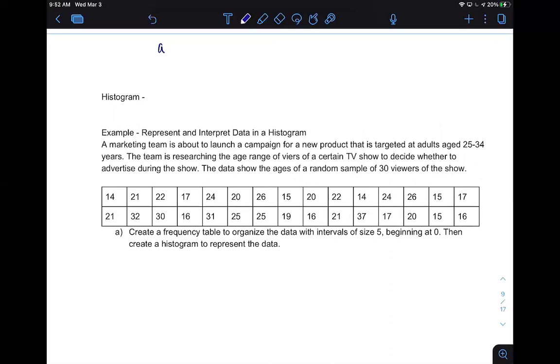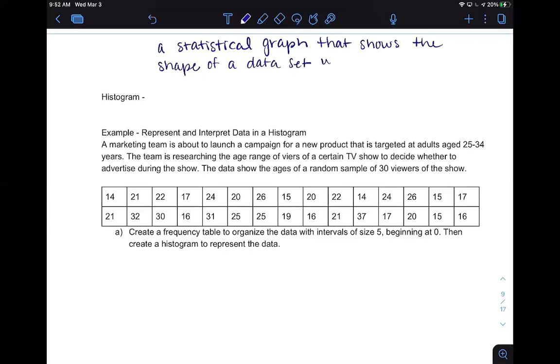Okay, is a statistical graph that shows the shape of a data set with vertical bars above intervals on a number line.